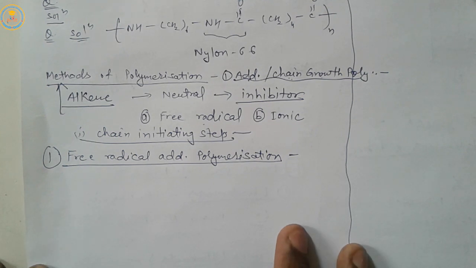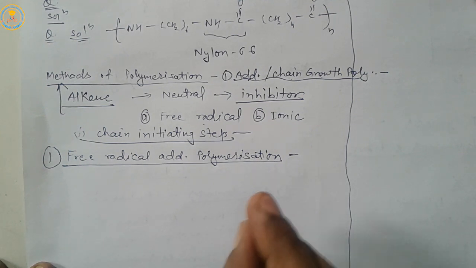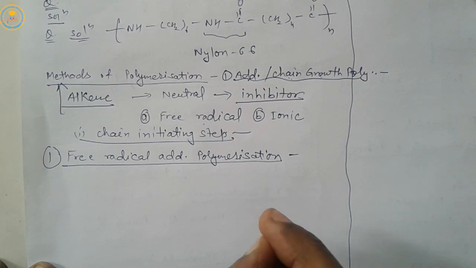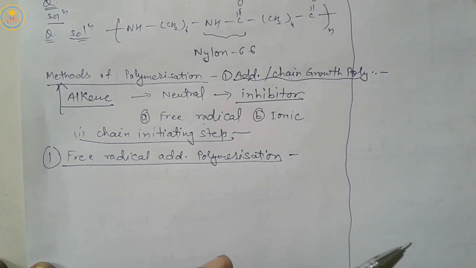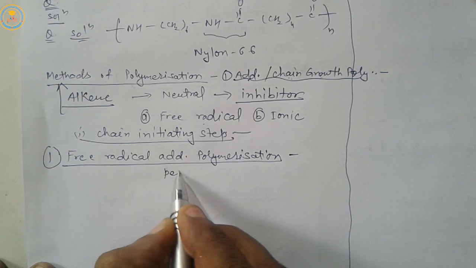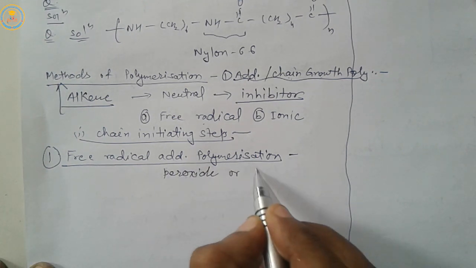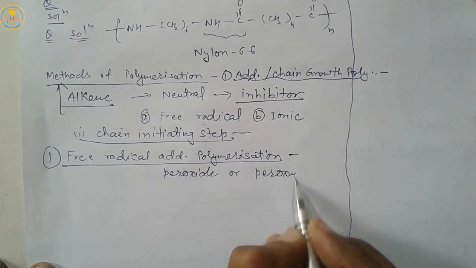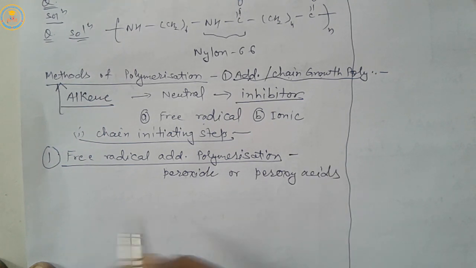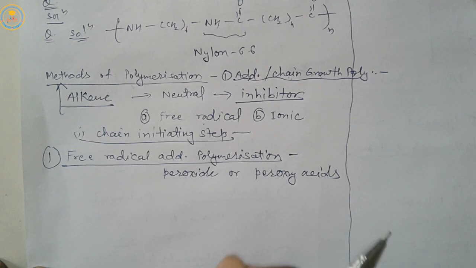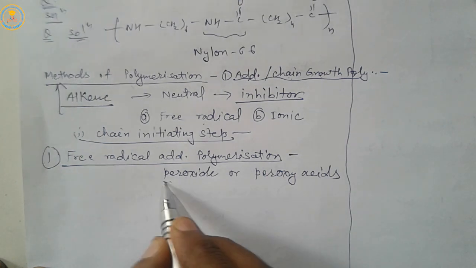Alkenes or alkadienes and their derivatives polymerize in the presence of O2, peroxide, or peroxy acid to form polymers, and these are called initiators.